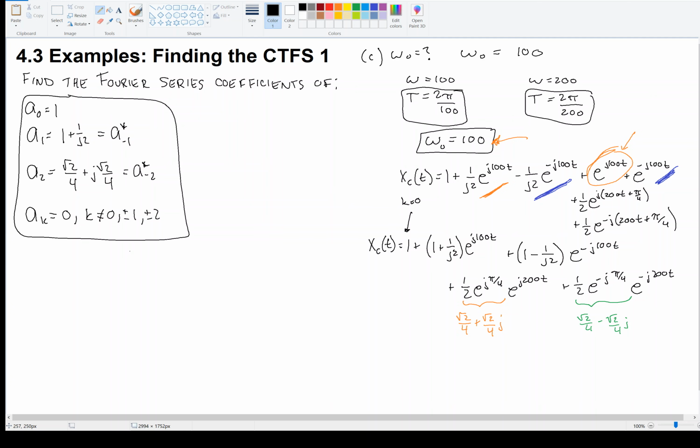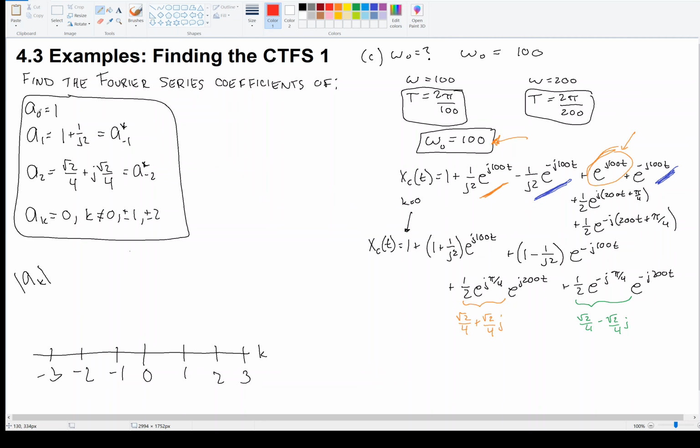All right, now let's plot the magnitude and the phase. Okay, this will be the magnitude plot.